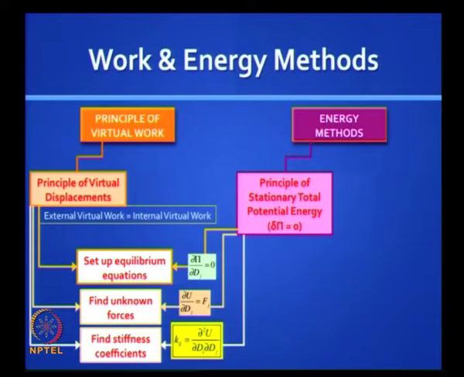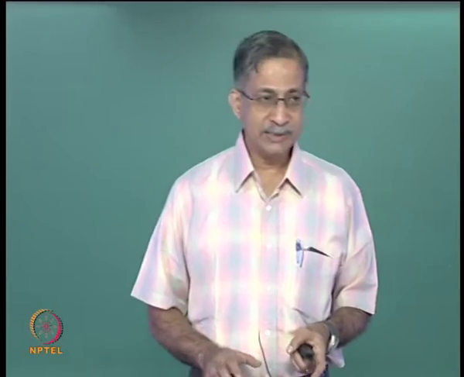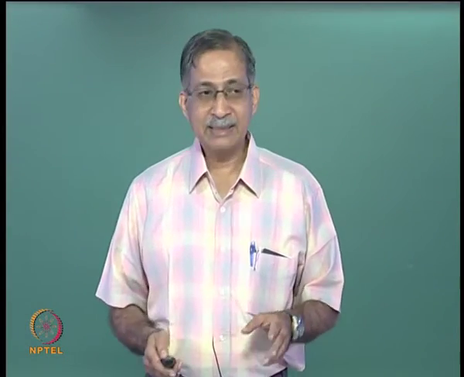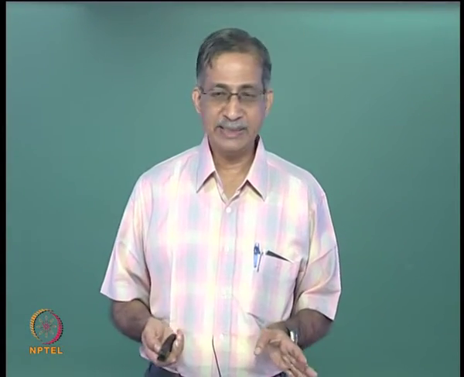You notice here we finished the use of displacement based theorems. You can use it to set up equilibrium equations, dou pi by dou dj equal to 0. You can use it to find unknown forces, that is Castigliano's first theorem, dou u by dou dj equal to fj. You can also use it to find stiffness coefficients kij. Is it clear? So these are powerful uses, at least theory wise you should be familiar with these terms.